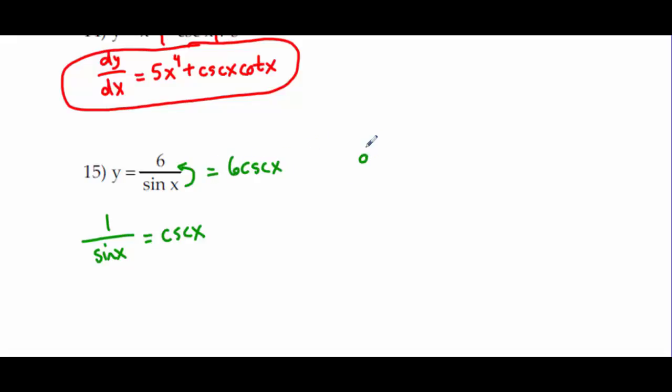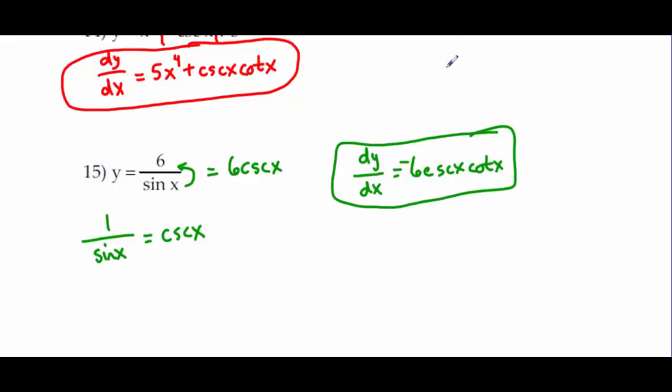The derivative of 6 cosecant x is negative 6 cosecant x cotangent x, which is super easy and way easier than the quotient rule. If I do the quotient rule here, then I'm going to have low d high, and this is where people tend to screw up. The derivative of 6 is 0, because 6 is a number.